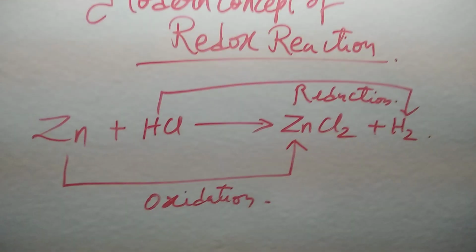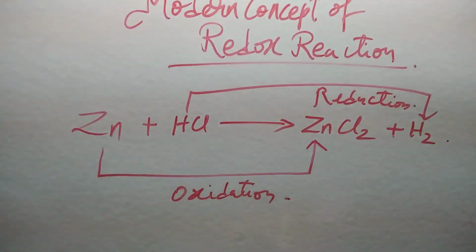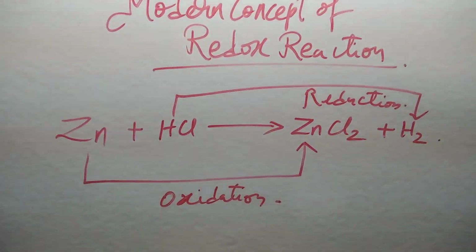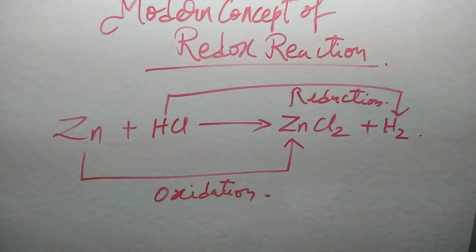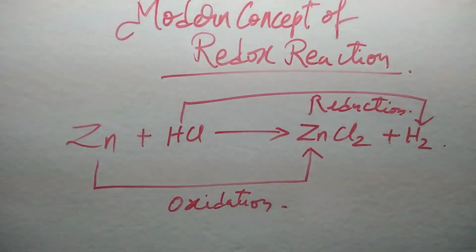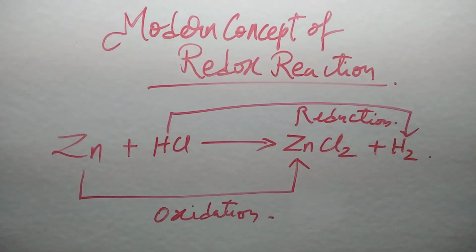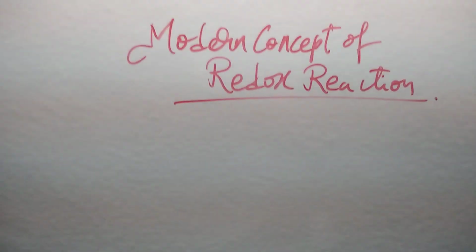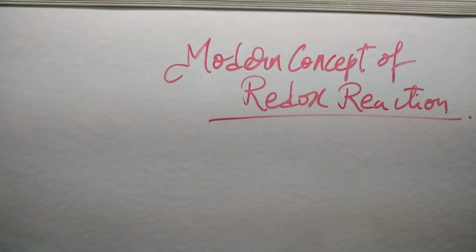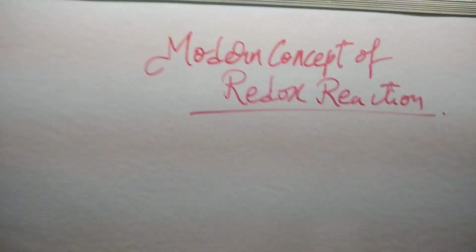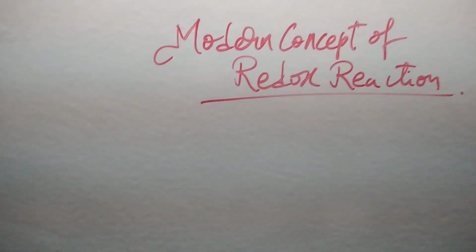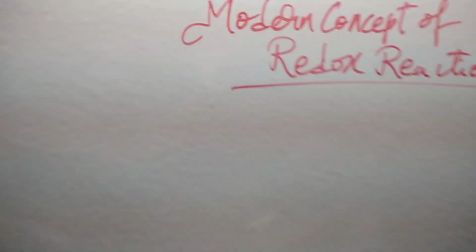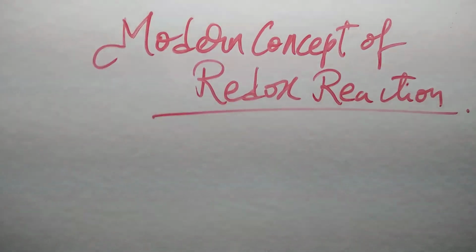Before going to the modern concept of redox reaction, let's see one funda, how to remember oxidation and reduction in the modern concept. In lower classes, at the beginning of learning chemistry, about the atoms, you learn that an atom consists of three subparticles: proton, electron and neutron.